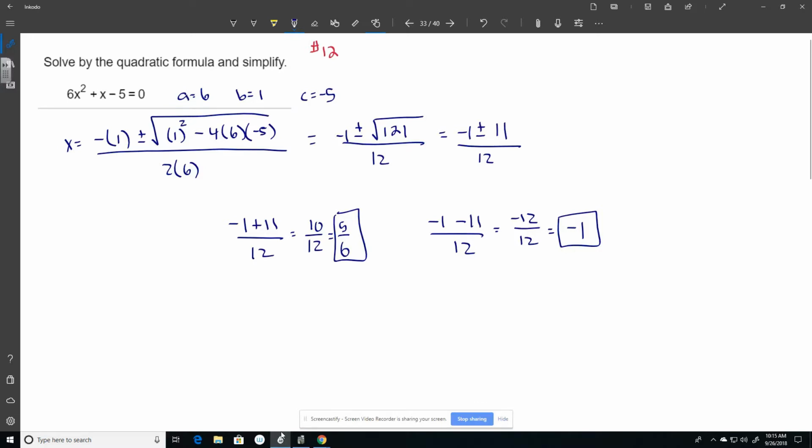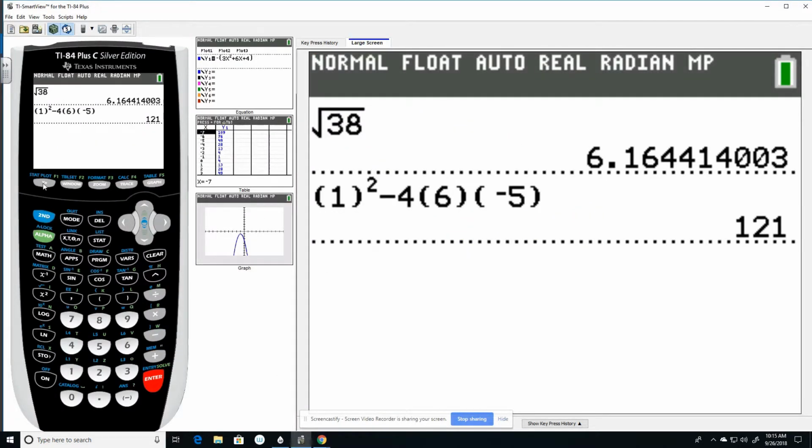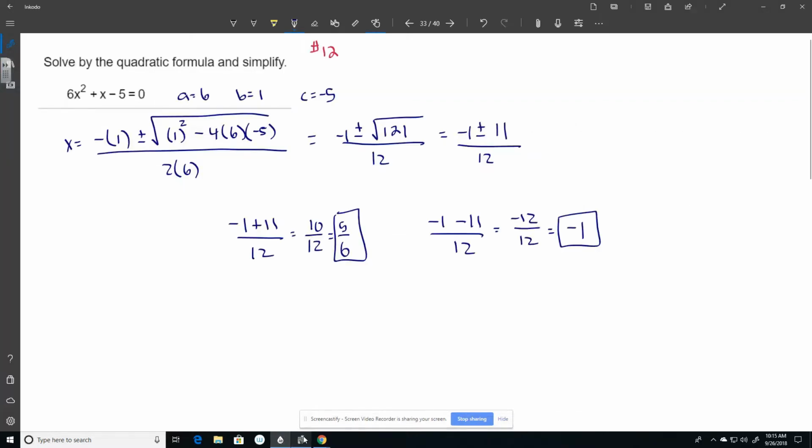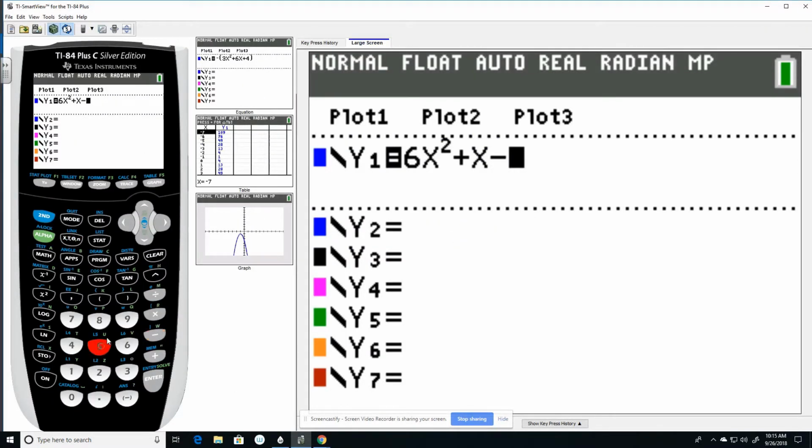I can plug them in and check my work, or I can hurry and graph this and see if those look correct. So let's maybe try that way. Let's go to y equals, and we will change this to 6x squared plus x, because I believe we only had 1, right? Plus x minus 5.